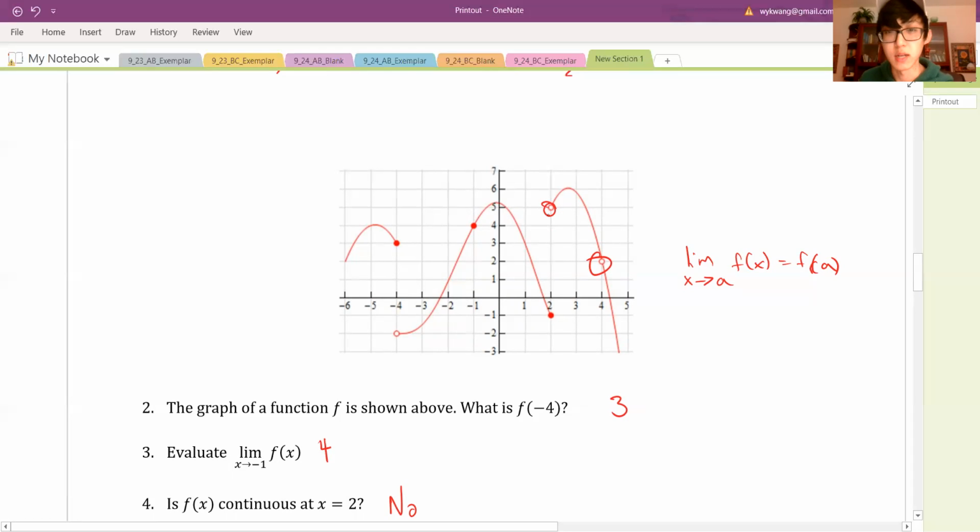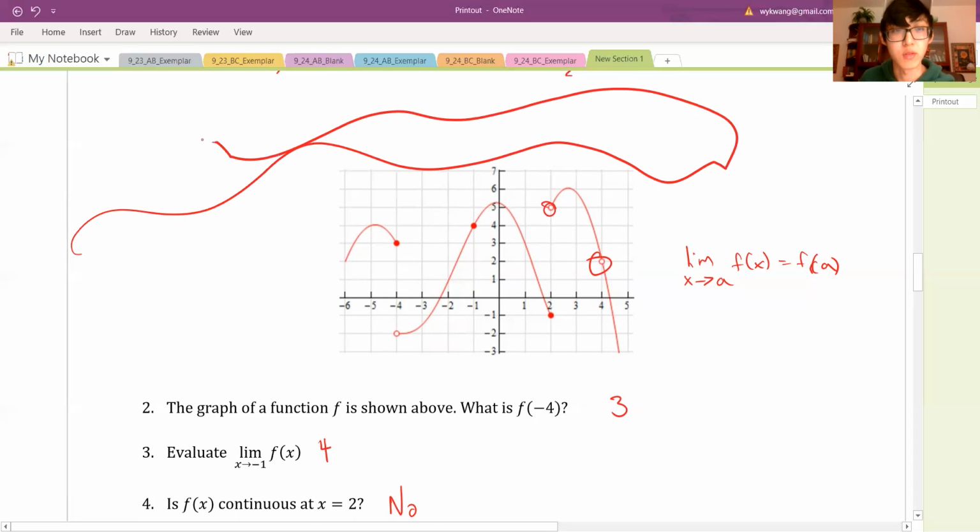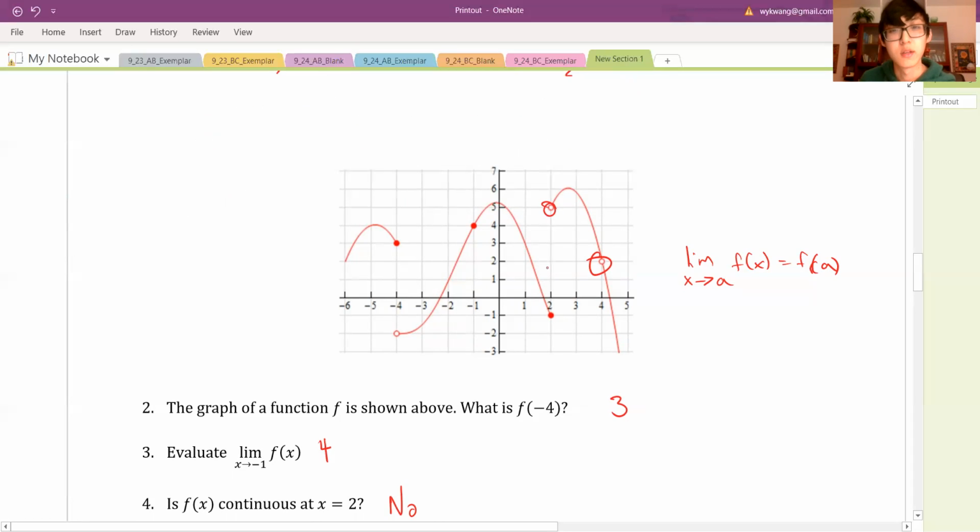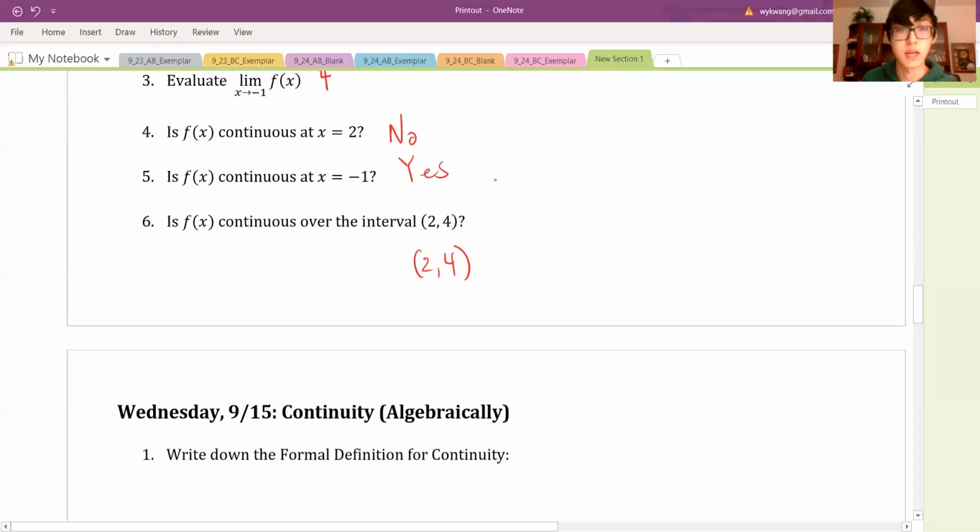We do not like holes in continuity. We want to be able to just draw it without picking up our pen, so that means no holes. I can't pick it up for a second and continue drawing and have a hole here. That's not allowed. So without the endpoints, I draw it. Yeah, 2 to 4 works. So I would say, yeah.